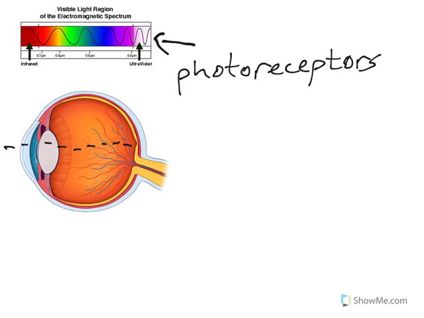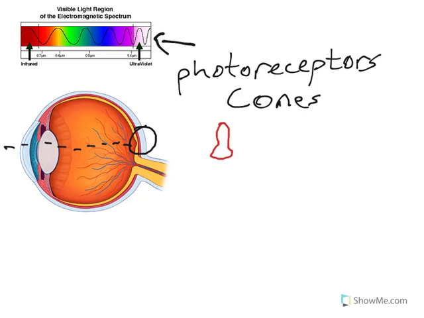So light, receiver, right? And here in the very center of your retina is a region called the macula. The macula contains a high concentration of specialized photoreceptors called cones. We call them cones. Now, each cone contains one of three different photopigments.